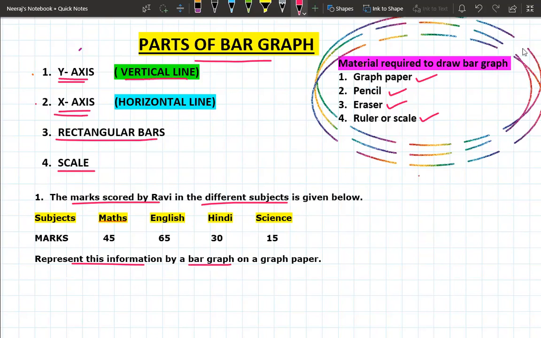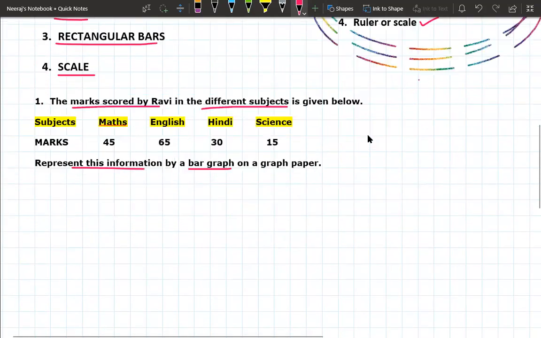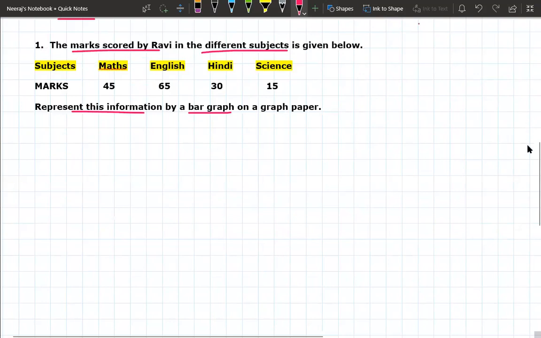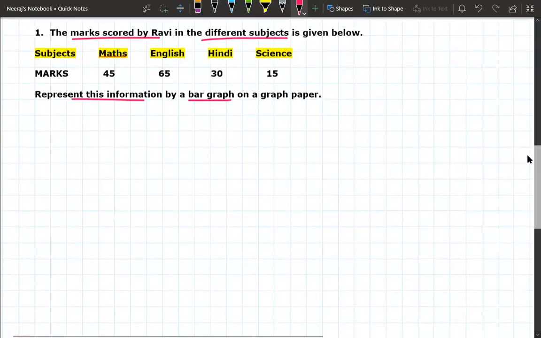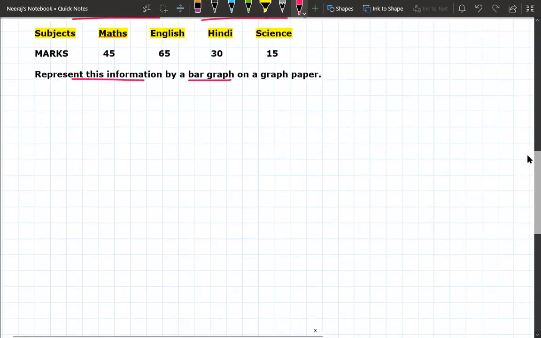For the bar graph, we start with its steps. The first step is that you have to draw a y-axis. So let's draw it. The y-axis goes up, so it will go up.